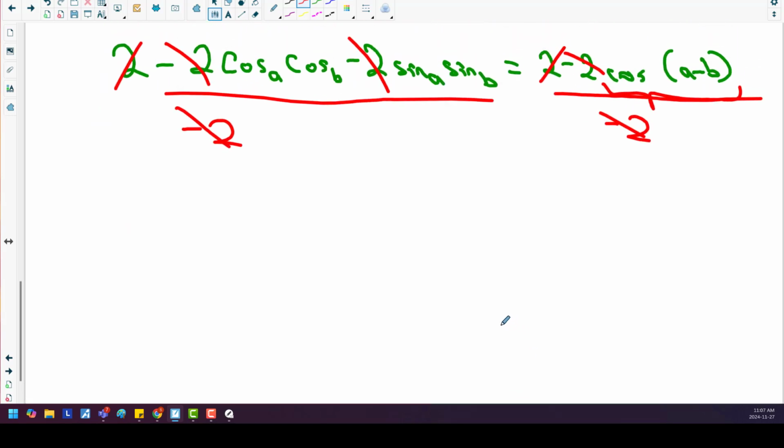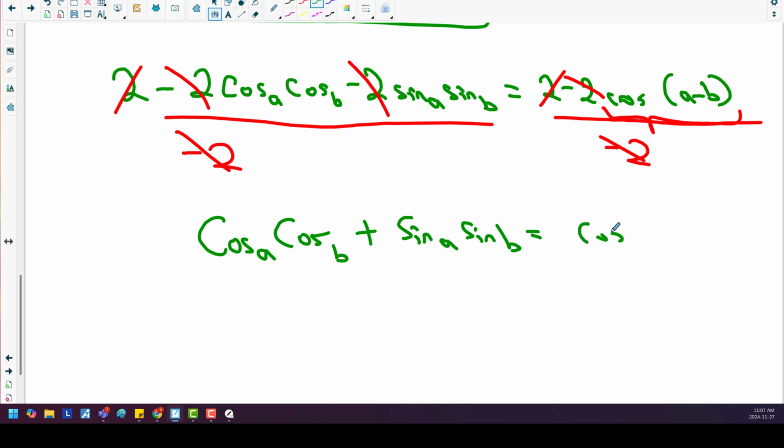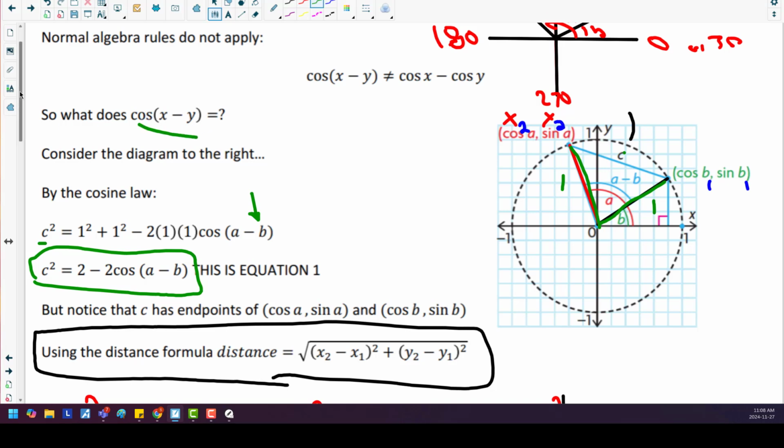And we're left with now cos A. Oh, sorry. The negative sign is gone actually because we've divided by negative and negative. So it's cos A cos B plus sine A sine B is equal to cos A minus B. And there we've solved now the initial question of what is cos x minus y?